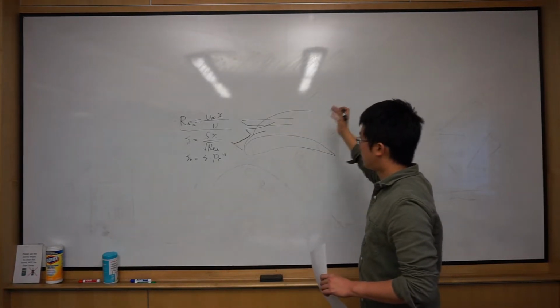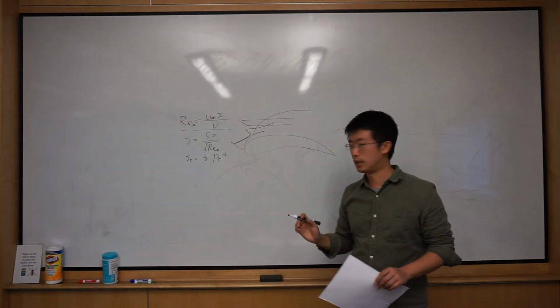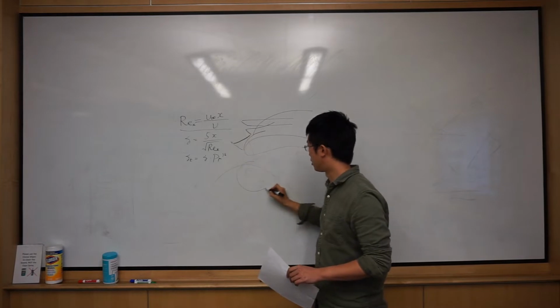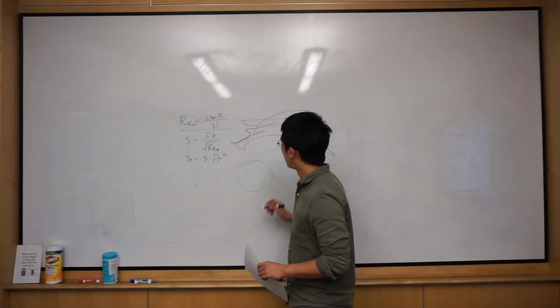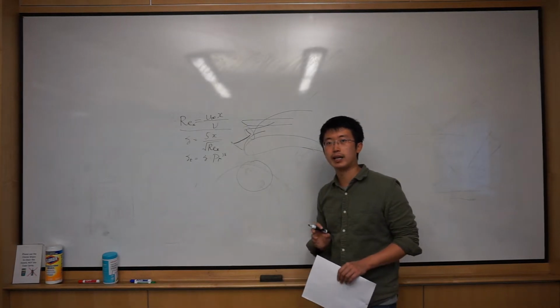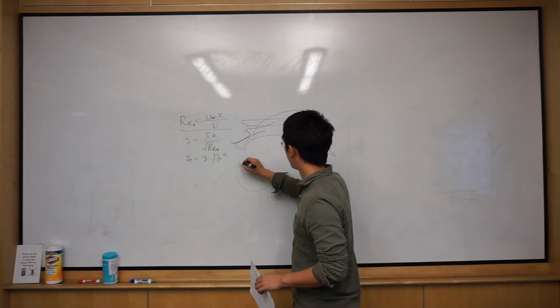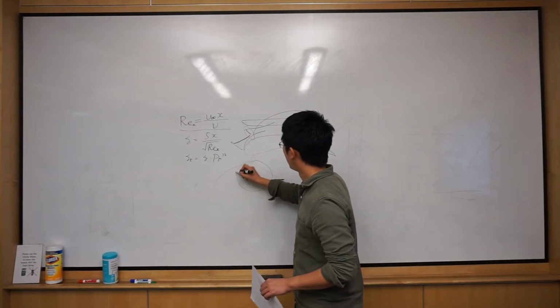And this is one thing. The other thing is, of course, we have some blunt body, for example, a cylinder or sphere. Besides this transition zone, it's also possible to have a boundary layer separation, right? So the boundary layer doesn't have to follow this shape.